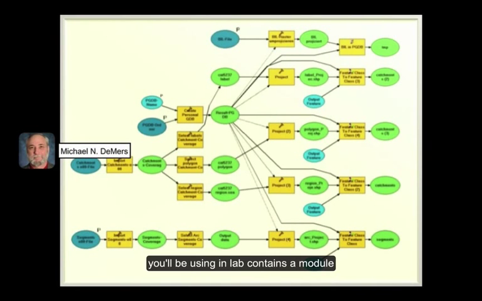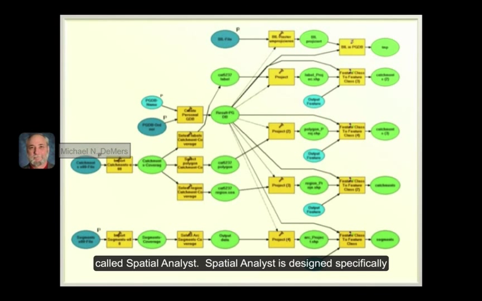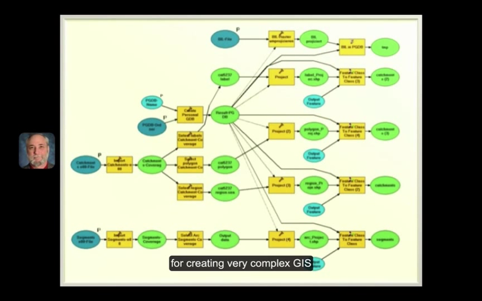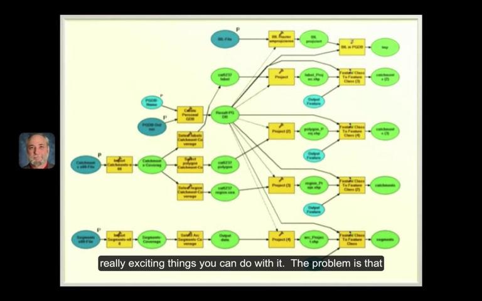The software you'll be using in lab contains a module called Spatial Analyst, and Spatial Analyst is designed specifically for creating very complex GIS models using this sort of flow charting tool that you see here on the screen. Modeling is really extremely sexy, and there are some really exciting things you can do with it.